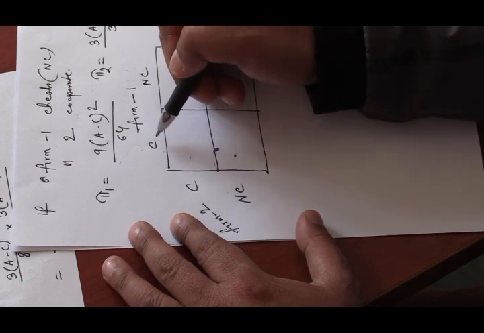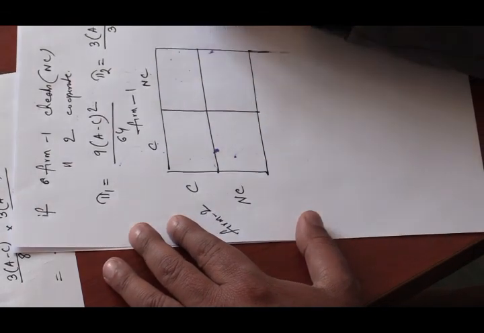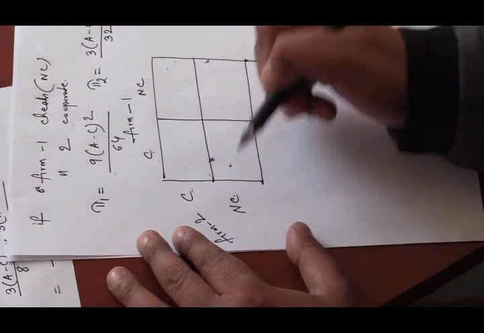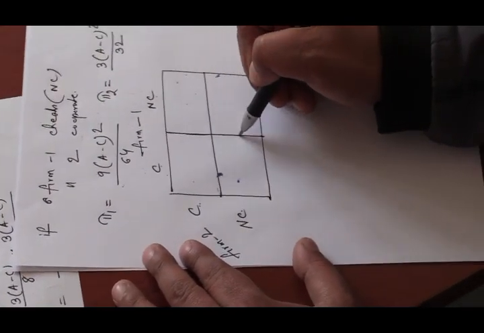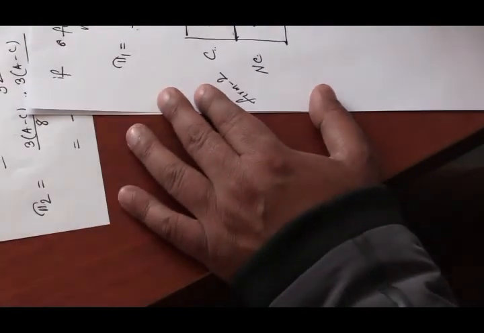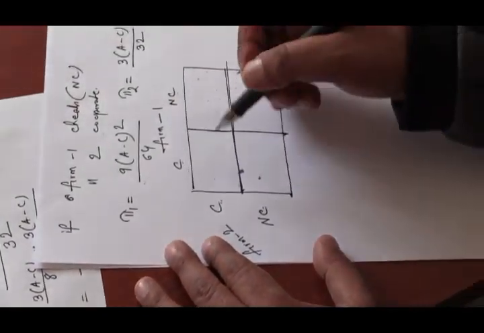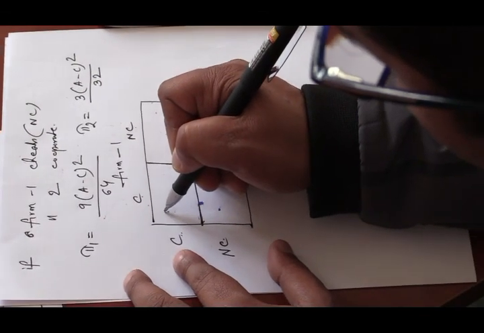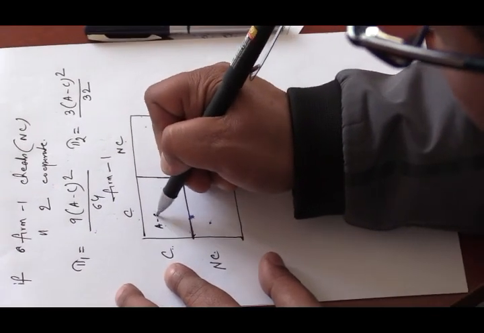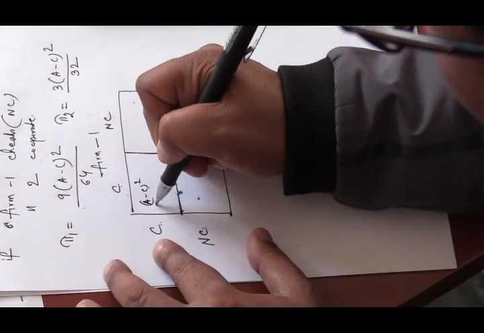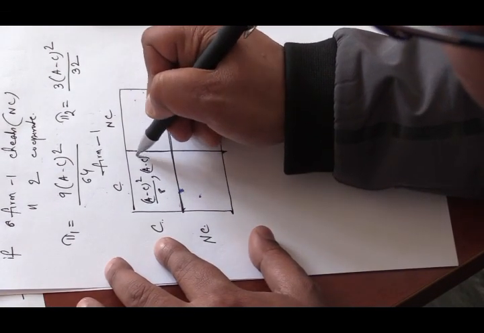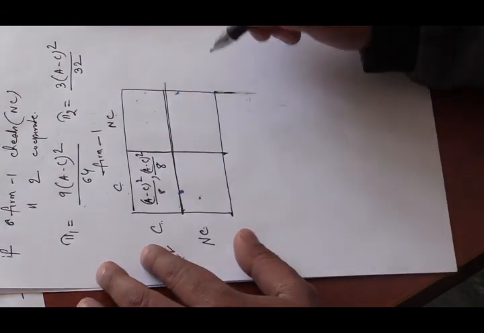Farm 1 has two strategies, cooperate and non-cooperate or cheating. Farm 2 also has two strategies, cooperate or non-cooperate or cheating. If farm 1 and farm 2 both cooperate, everyone's revenue will be (a minus c) whole square by 8. So everyone will enjoy (a minus c) whole square by 8.